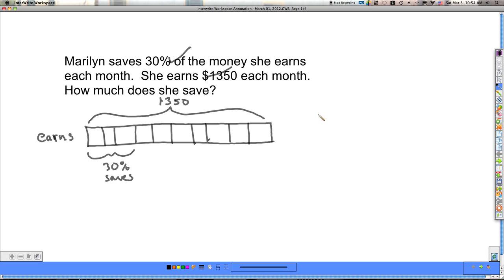Well, I've got $1,350 that is equal to 10 units. I would like to know what each unit is, so I'm going to divide that by 10. That's $135. So each one of these units is 135.